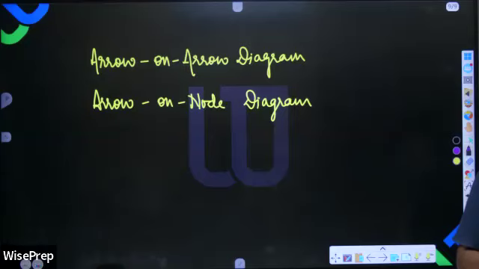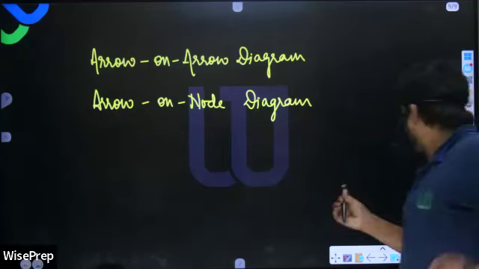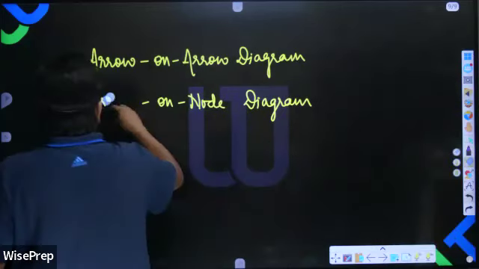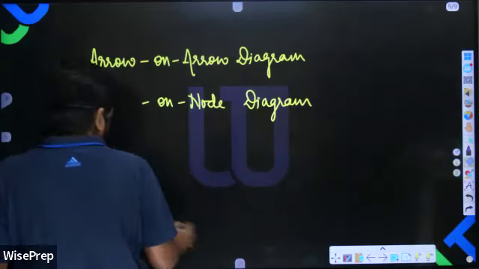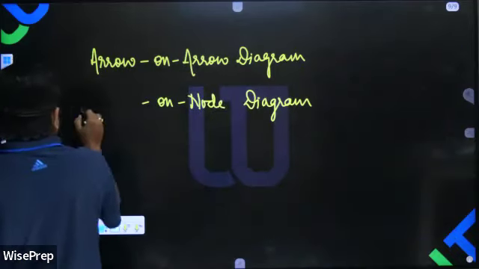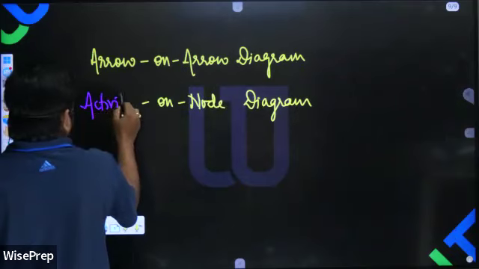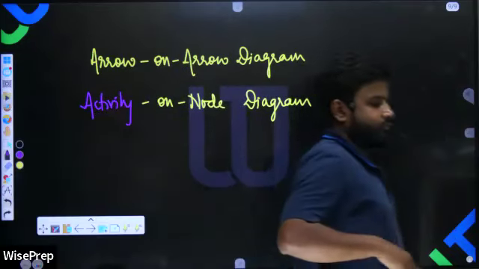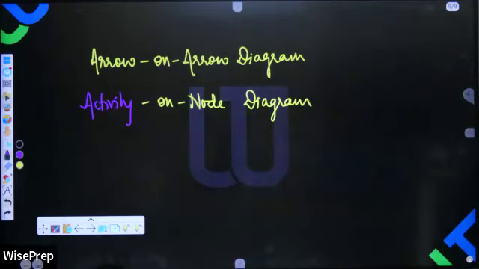Done. This is not arrow, this is activity. This is activity on node diagram. Done. Now write down.